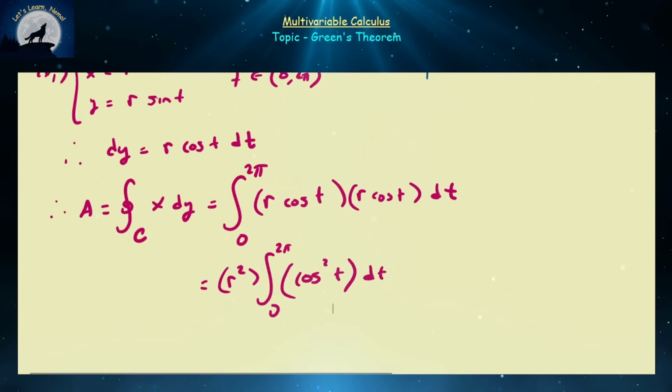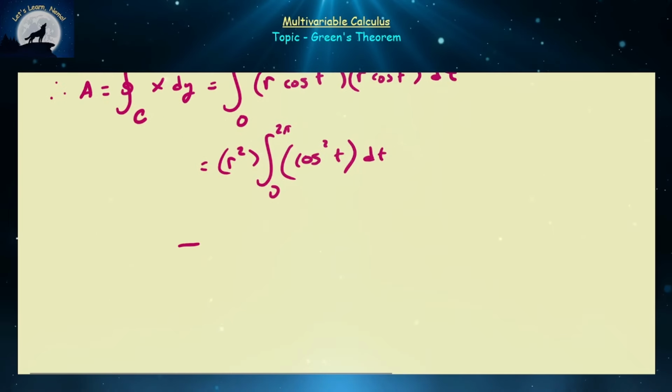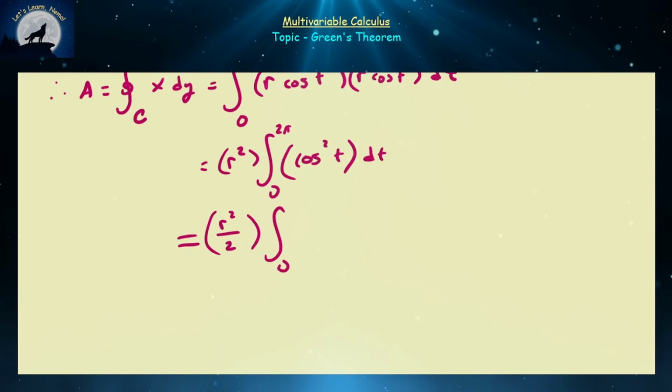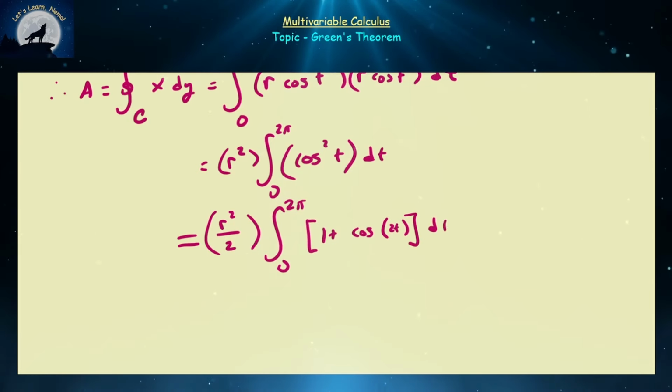Now we can use some double angle identity tricks here in order to evaluate this, but there's a couple varieties you could go. This is going to be r squared divided by 2 times the integral from 0 to 2 pi of 1 plus cosine of 2t dt. This is just some trig identities from before, in case you don't know that. Then we can integrate each of those pieces one at a time.